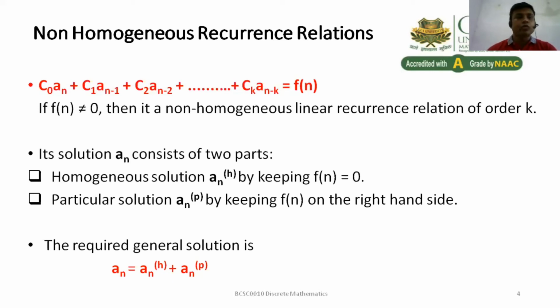So this is the way to solve any non-homogeneous recurrence relation, which consists of two parts: one is called the homogeneous solution and the other is called the particular solution.